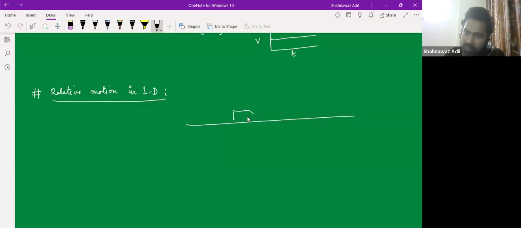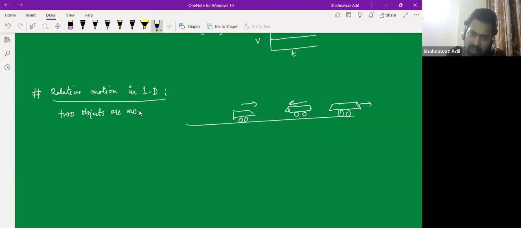And two cars are moving, right? So let's say they are moving in the same direction, or let's say they are moving in the opposite direction, right? So in these scenarios, whenever two objects are moving simultaneously, then we use the idea of relative motion.